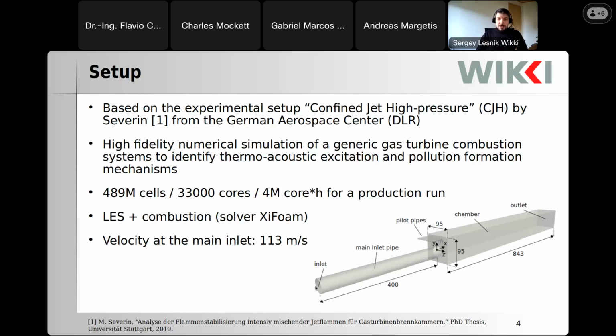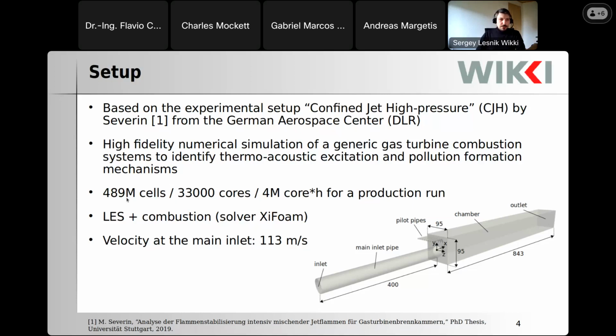So shortly to the geometry, we have a main inlet where the premixed fuel mixture enters. We also have pilots here where the fuel mixture also enters, with a different mixture on its own, and we have here a combustion chamber.